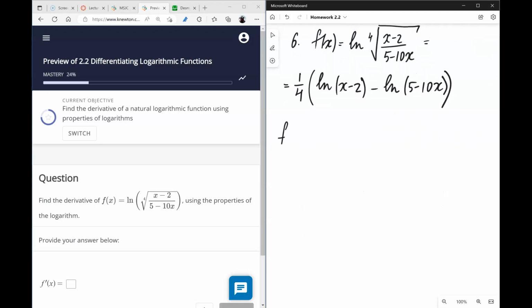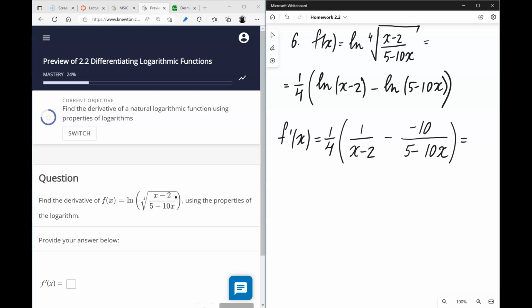And to differentiate this function, we're going to take out the 1/4 and differentiate this term by term. So it's going to be 1 over x minus 2 minus 1 over 5 minus 10x, and multiply by the derivative of 5 minus 10x, which is negative 10 in the numerator.